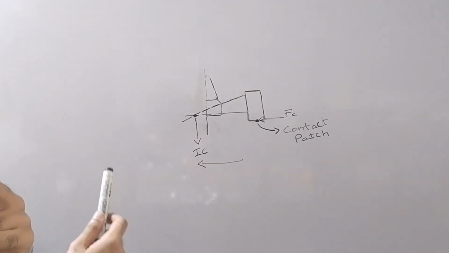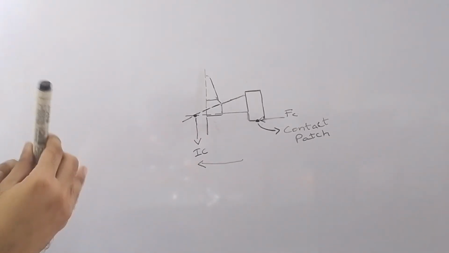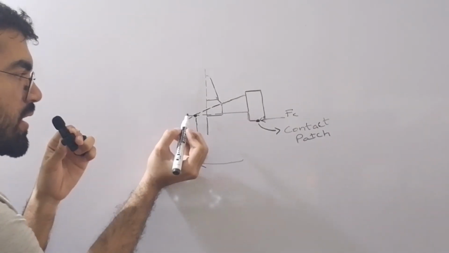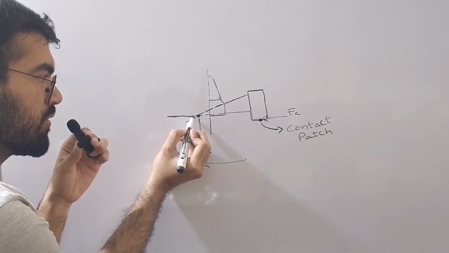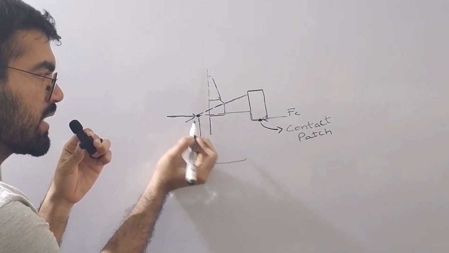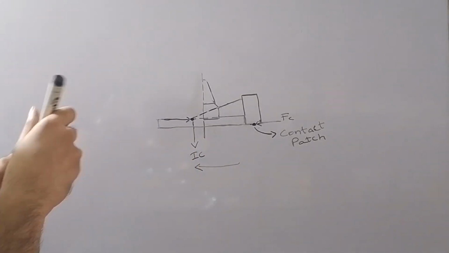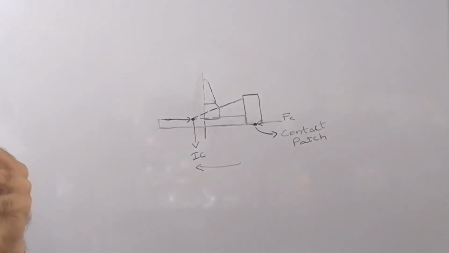The instant center is the center of rotation. So there will be a reaction force at the center of rotation that will try to react to this force and cancel it out. For explanation purposes, let's say that this is the accurate distance between the height of these two forces, the force and the reaction force.